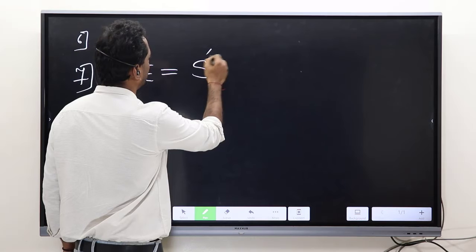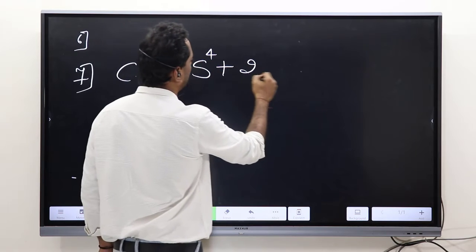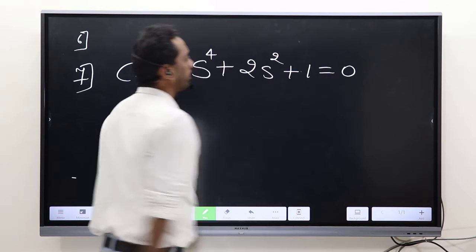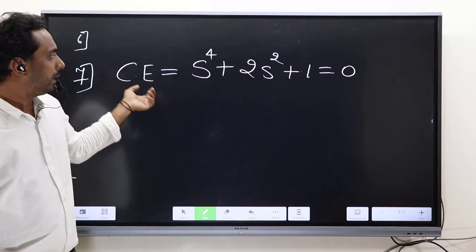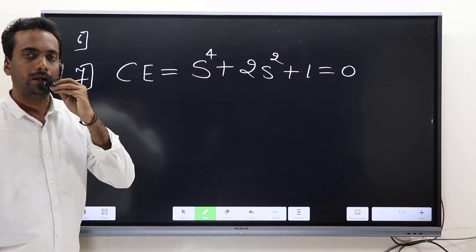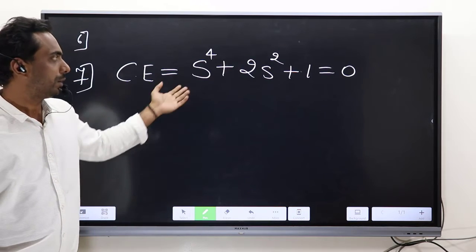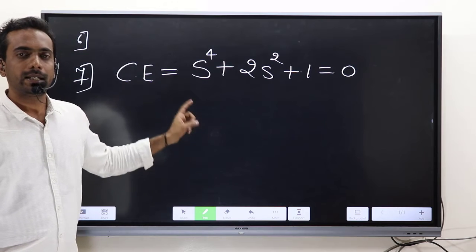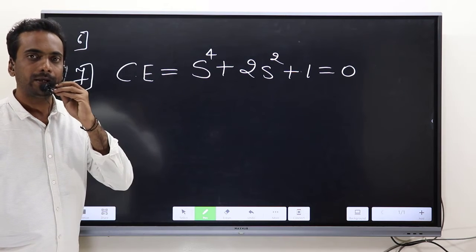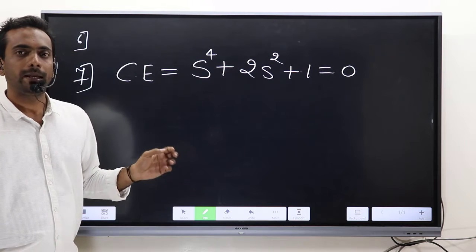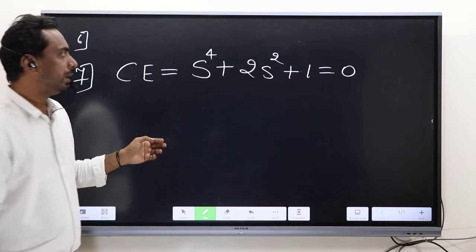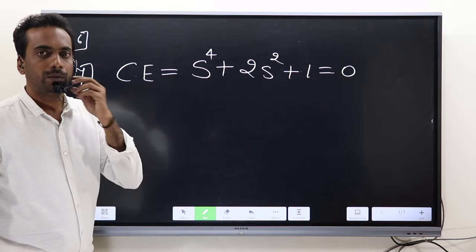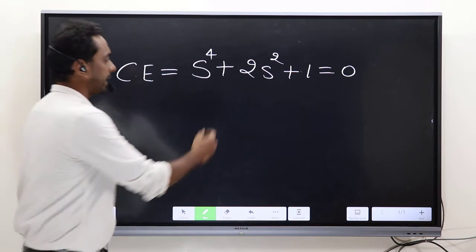So if you have only s in terms of even powers, ऐसा कुछ होगा इक्वेशन, then अगर इसका आप सॉल्व करोगे, इसका at least one pair will lie on the imaginary axis, right? At least one pair of poles, right? One pair of poles will lie on the imaginary axis.